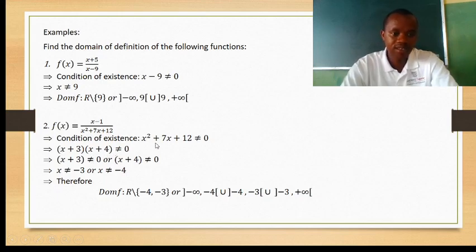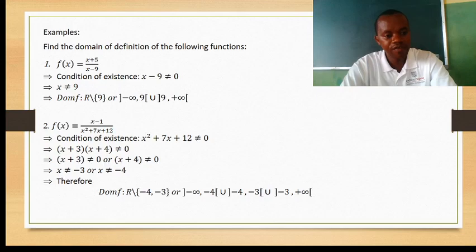We know that x squared plus 7x plus 12 is equal to x plus 3 times x plus 4. And we have found that the values which make the denominator part equal to 0 are minus 3 and minus 4.